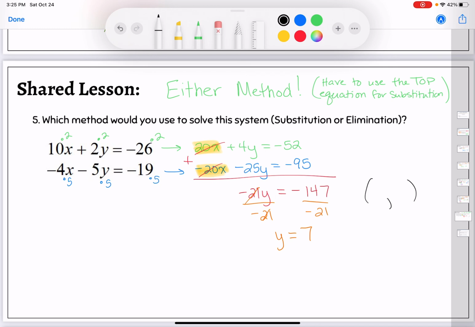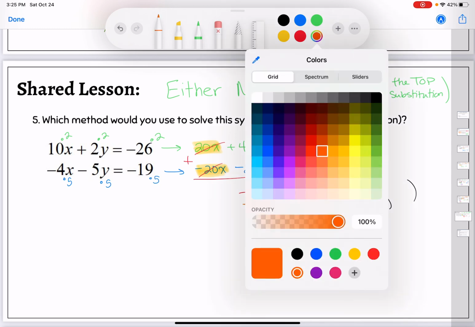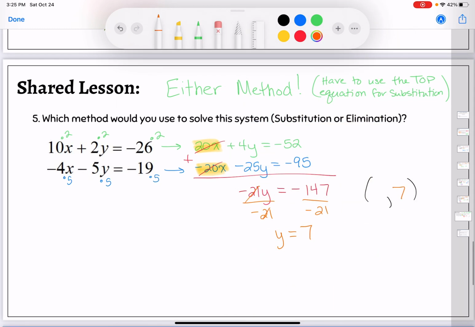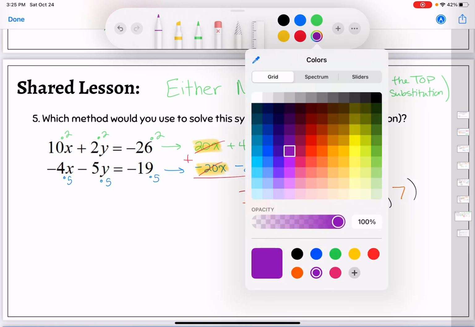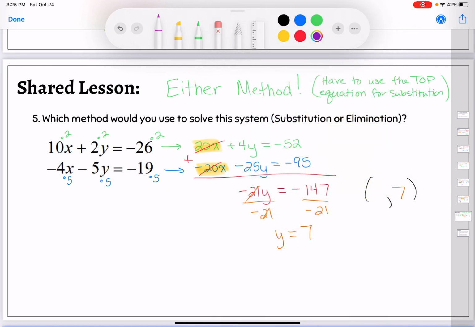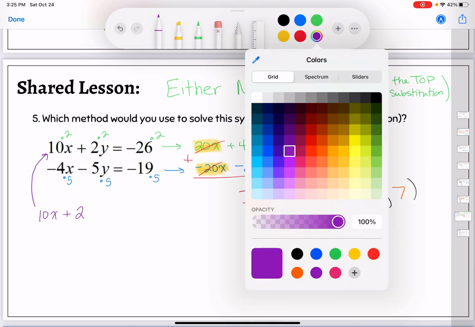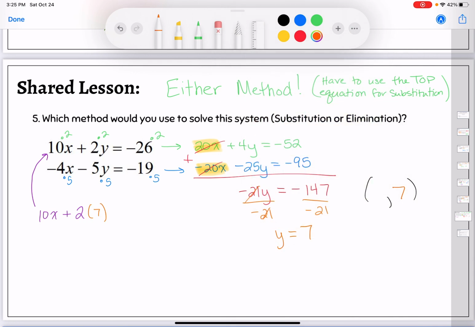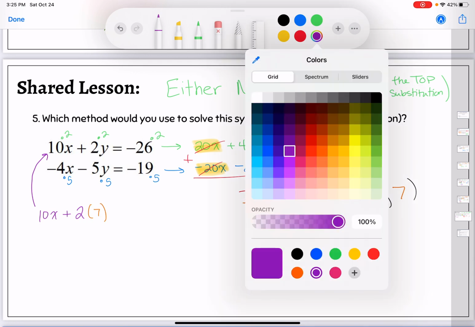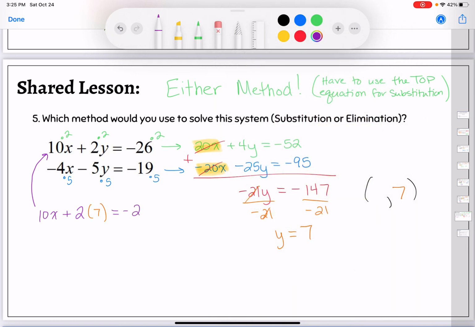Here's my point. That's the y coordinate. Now I need to plug back into either one of my equations to solve for x. And it really doesn't matter. I'm going to go with the top equation because there's no negatives going on up there. So I have 10x plus 2 times 7, because I just found y equals 7, equals negative 26.